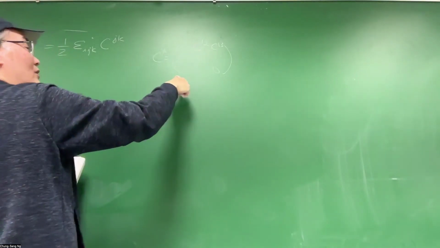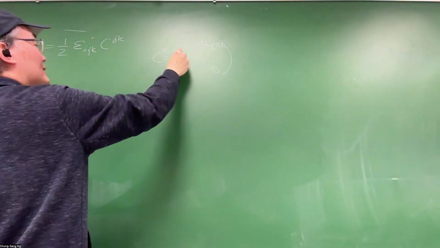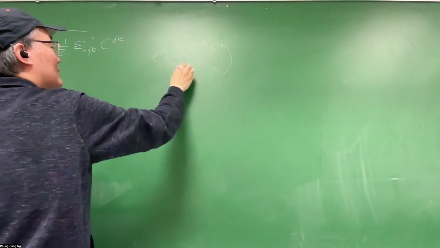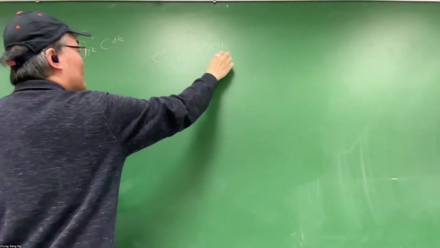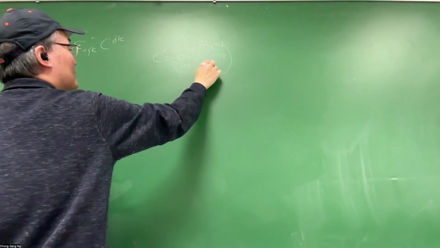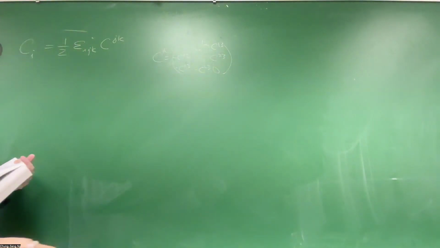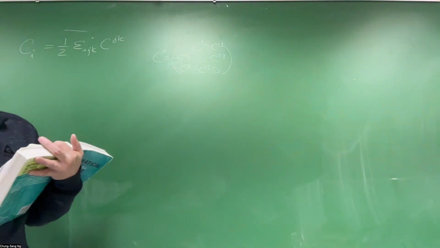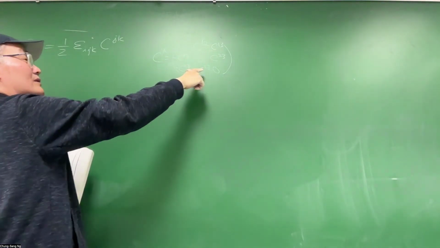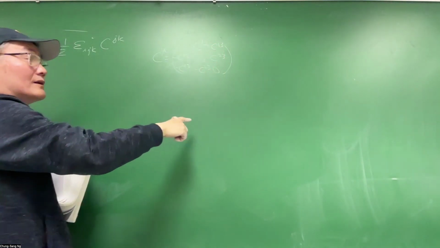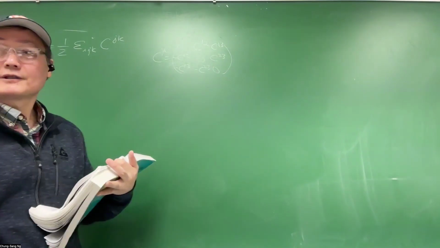By the anti-symmetry requirement, this element is minus C_12, this element is minus C_13, this is C_23, and this is minus C_23. So altogether, a 3x3 matrix only has 3 independent elements, because this one is the opposite of this one, and the diagonal is 0.